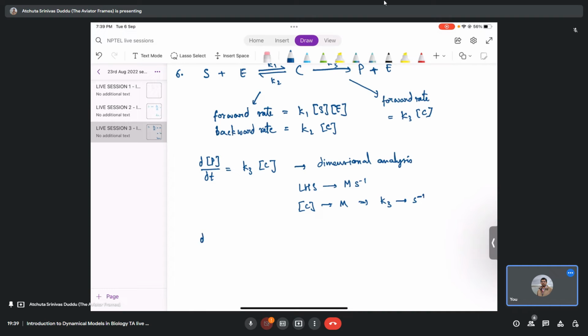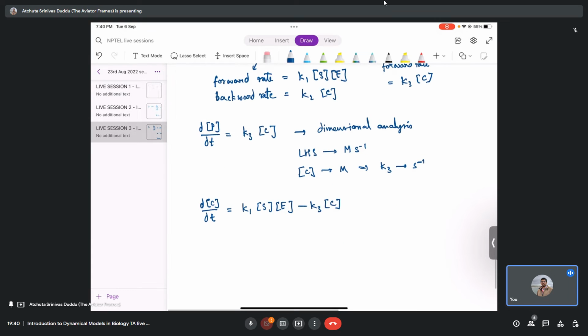That is dC/dt equal to k1 times S times E minus k3 into C. We are already settled with k3C, with dimensions being molar times second inverse, and this is also molar times second inverse, since dC is molar and dt is second inverse.